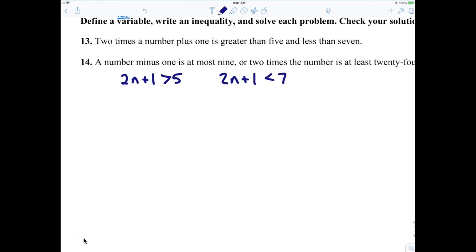Less than 7, right? I think that's how they want you to write it. 2n plus 1 is less than 7 and greater than 5.